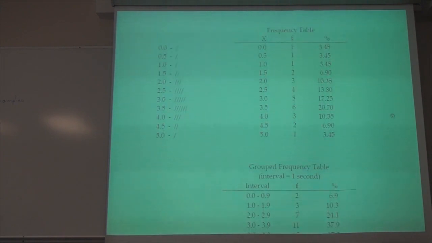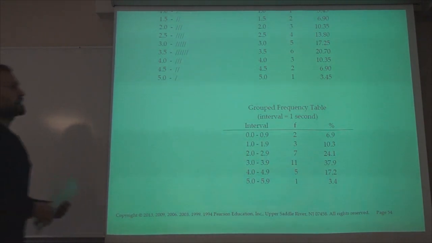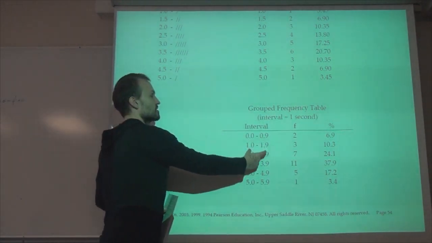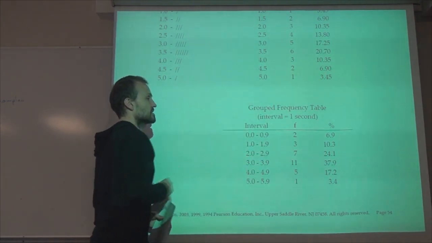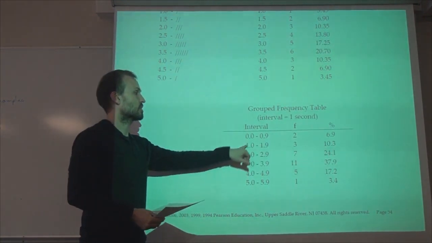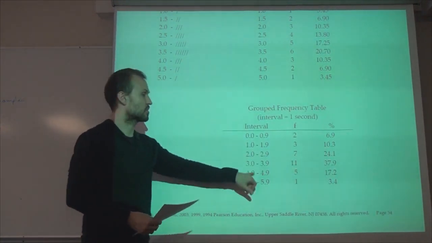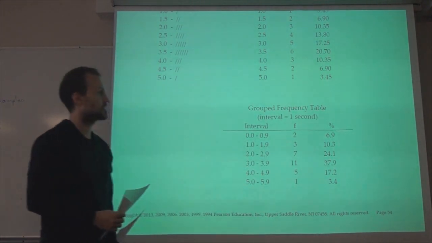So the alternative is to group them together, where I can decide on, let's look at second intervals. Length 1 second each. So let's say we stop at 0.99, then 1 second to just before 2, and so on and so on. The first second, the second second, and so on.